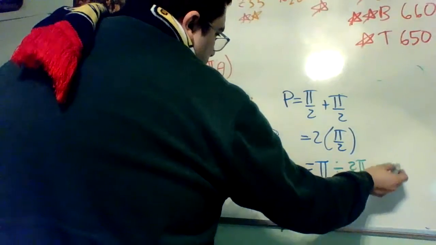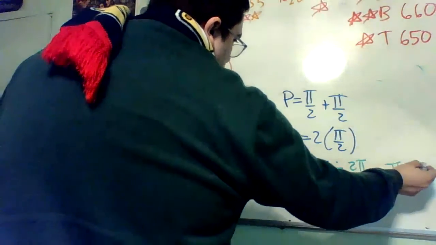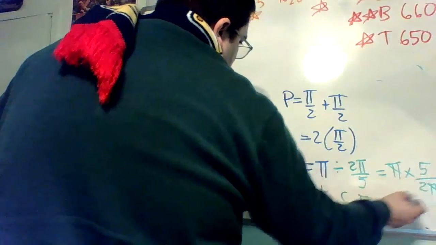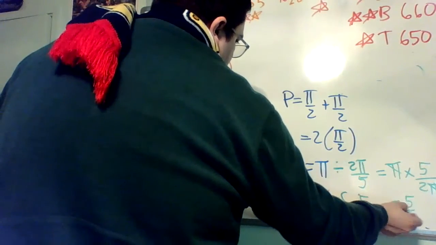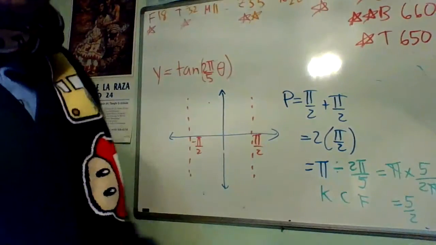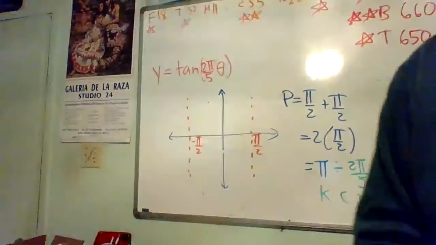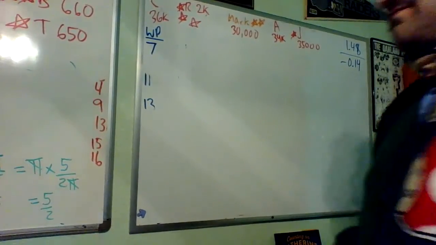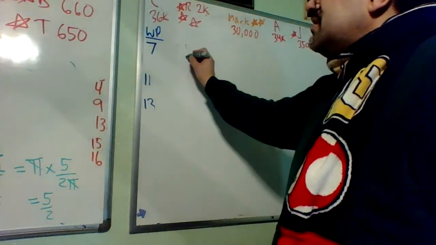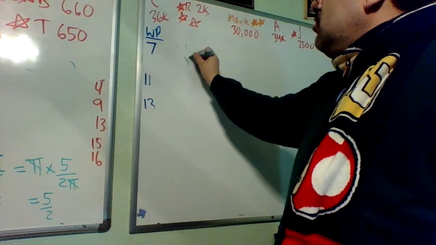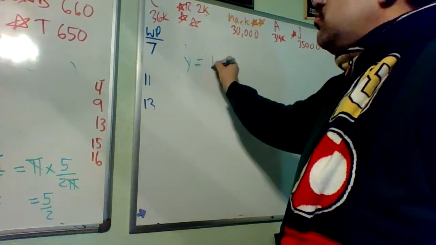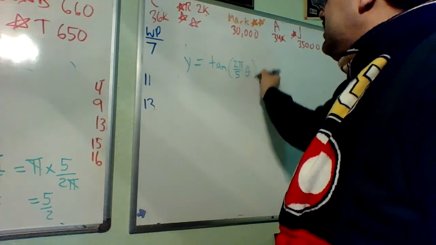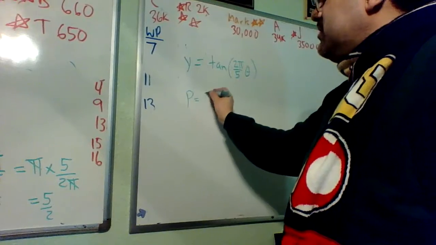So that's pi times 5 over 2 pi. The pi's cancel, and you get 5/2. Let's flip to the other board, leaving this in case we need to refer back to it. In our function, y equals tangent of 2/5 pi theta, we now know that the period is 5/2.